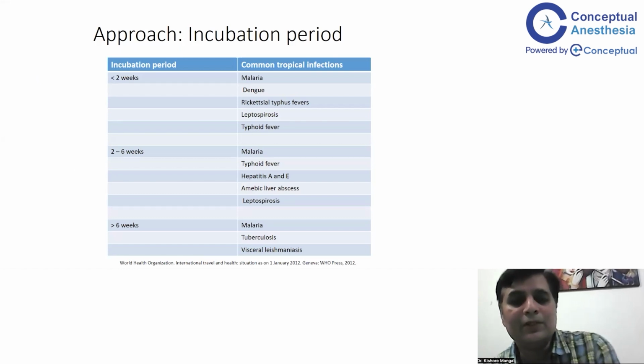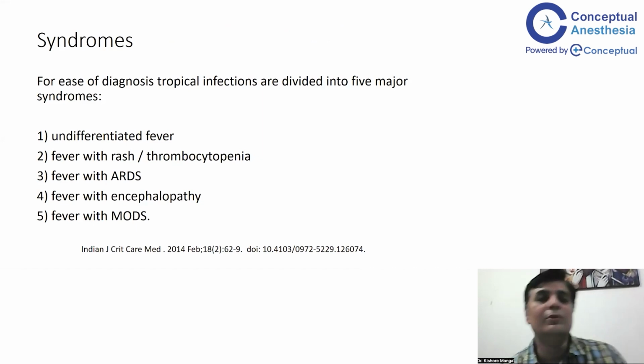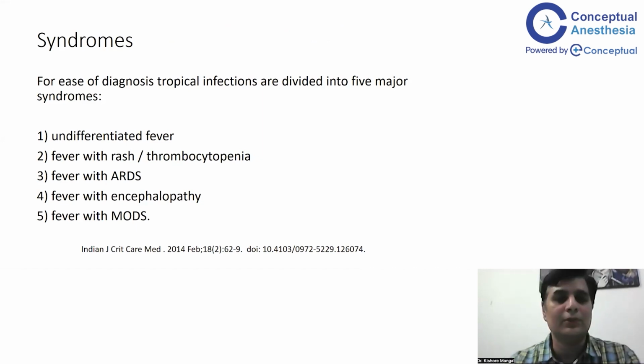And if the incubation period is more than 6 weeks, then the diagnosis can be malaria, tuberculosis, or visceral leishmaniasis. During these monsoon periods, I have seen all the infections, including leishmaniasis, in my ICU also. I have seen everything, and this is common for all other ICUs in North India as well.